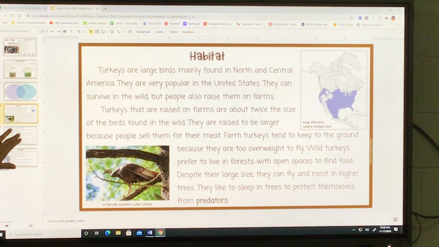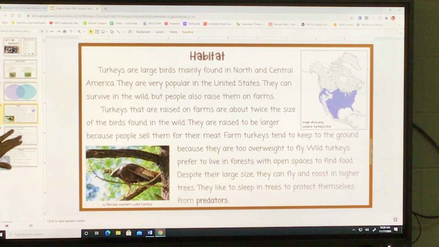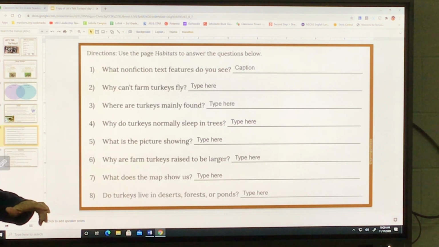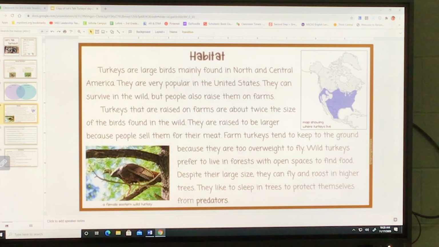Might be easier to see if you go back to your slide for that one. And then the last question is, you just have to type the word. Do turkeys live in deserts, forests, or ponds? Type the place where they told us they live.